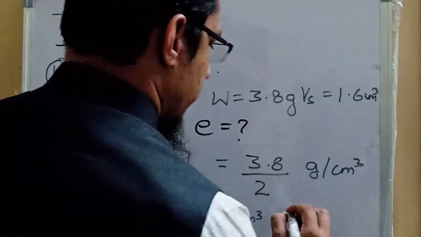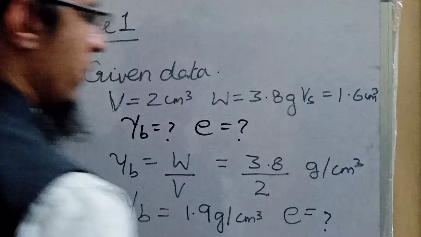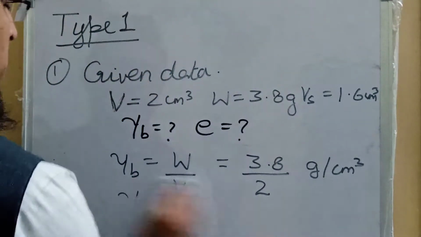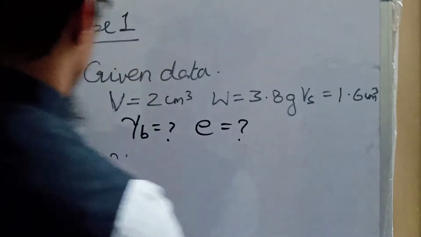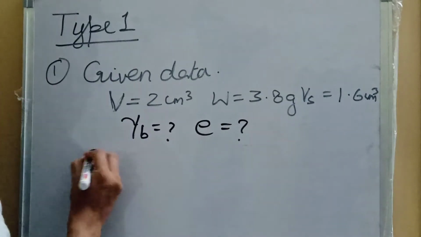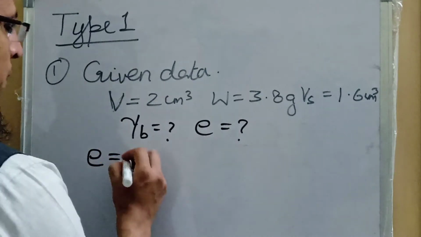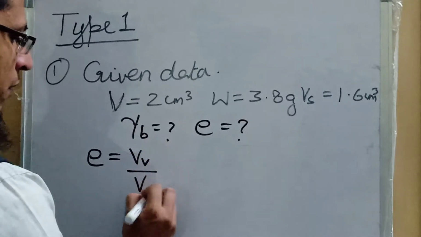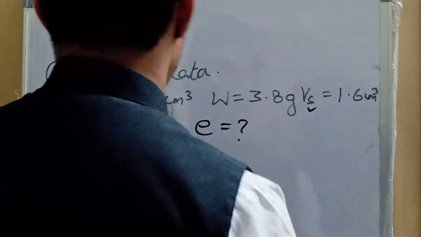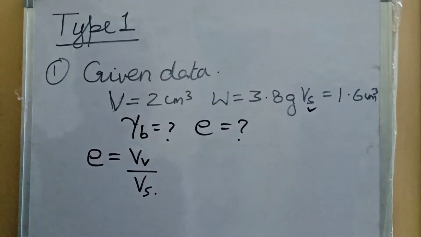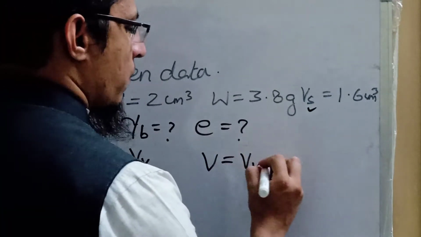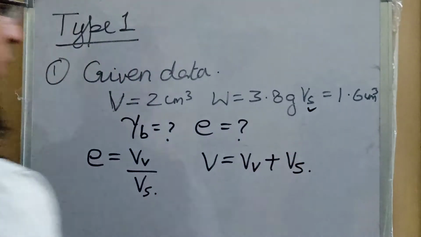This is the simplest form of numericals we have, and one more thing we have to find, that is the void ratio. How can we find the void ratio? We know the formula of void ratio. Void ratio is equal to volume of void upon volume of solid. Now here volume of solid is already known, and we need to know the volume of void. We know that total volume is volume of void plus volume of solid.